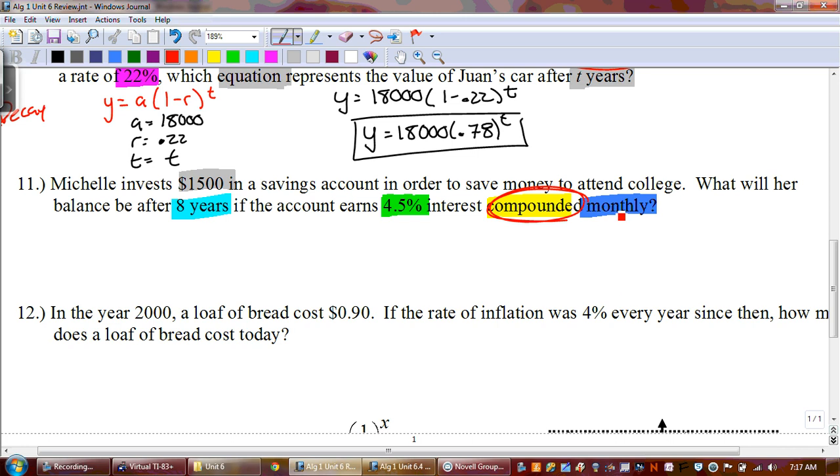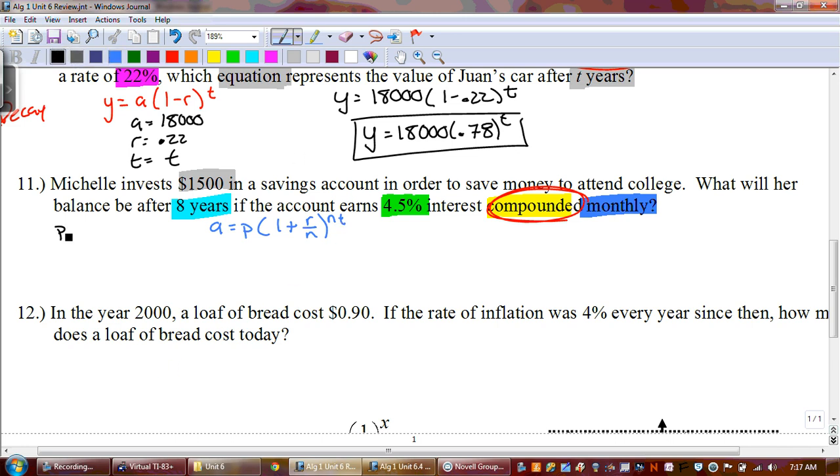Compounded, okay? They're talking about compound interest. And that's the formula where, here we go. A equals P(1 plus r divided by n) to the n times t power.